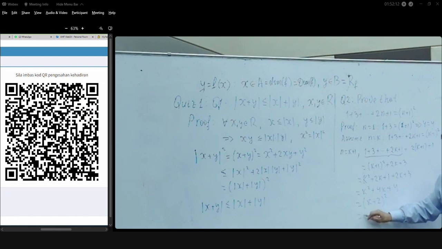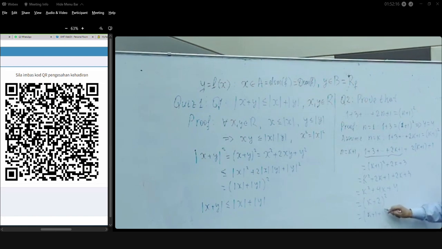Or I can write it as (k plus 1 plus 1) square. You see? Okay, this is a proper proof.